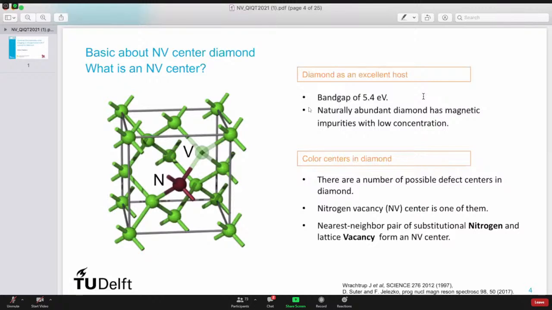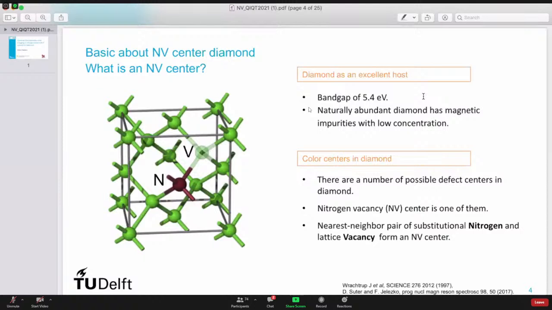First of all, why diamond? There could be some other semiconducting material, but what is so special about diamond? First of all, diamond has a large band gap, around 5.4 eV, which keeps its conduction band mostly vacant, so there is no interaction of electrons with the vacancy electrons.